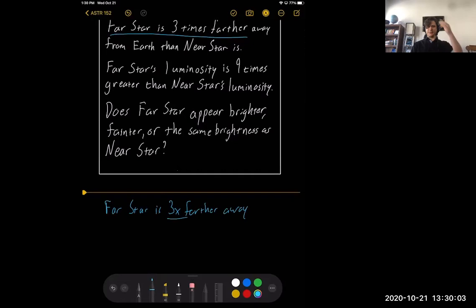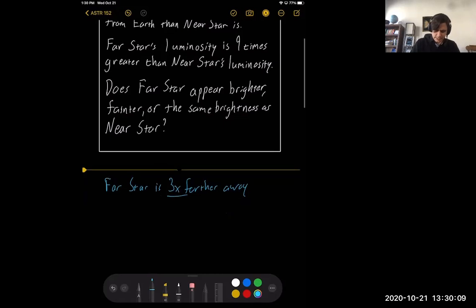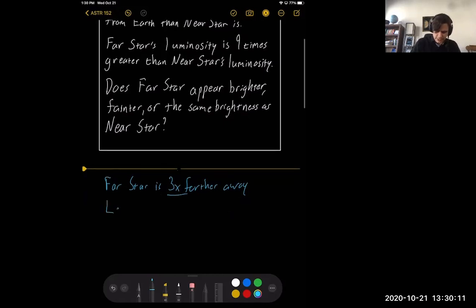All right, so I have the ratio of the distances, 3 times farther away, and far star's luminosity. So I'm actually going to write the luminosity of the far star, L far, is 9 times the luminosity of the near star.